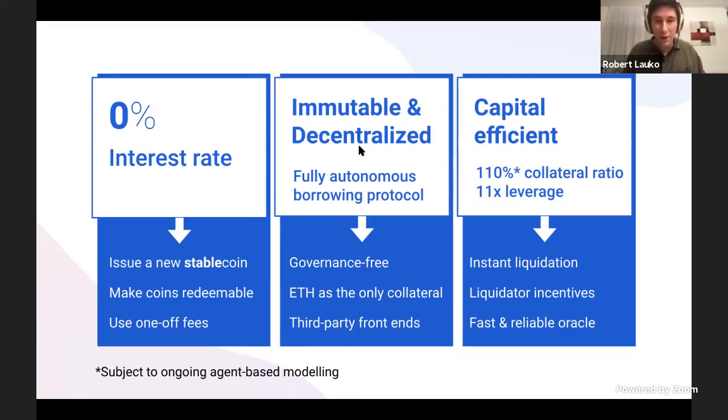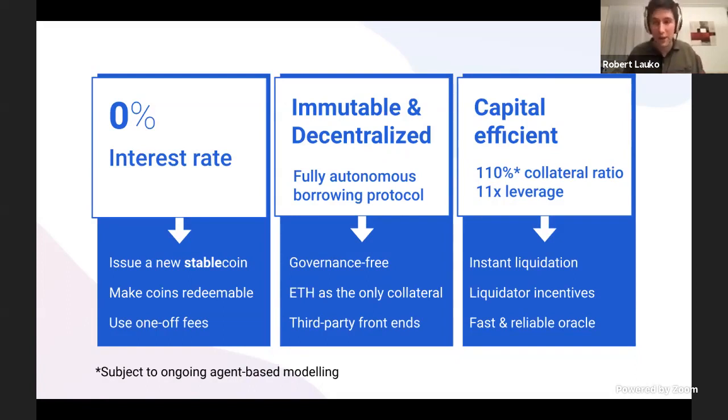And with immutability and decentralization, what's really important for us is that we make our system governance free. Governance free not only means there is no body that can vote on parameter changes, but also no admin who could just stop or interfere with the system. We would also use Ether as our only collateral in our first release, at least. Ether, being the native currency of the Ethereum network, makes our system as decentralized as possible.